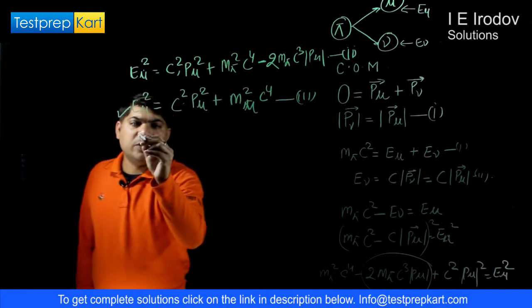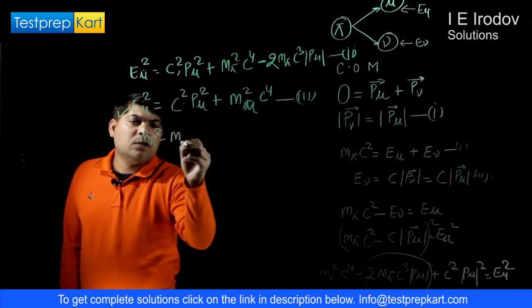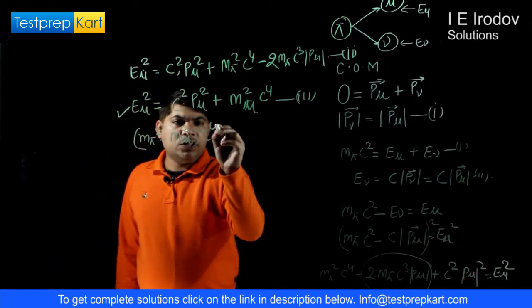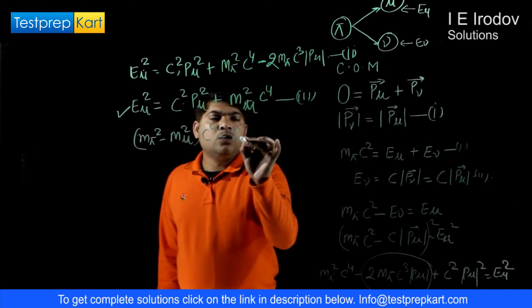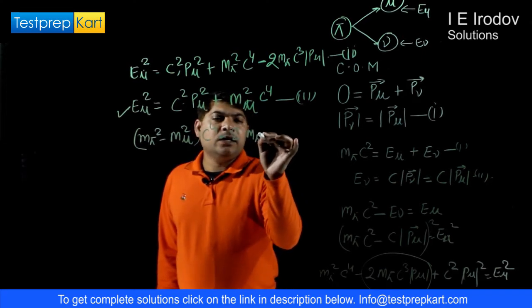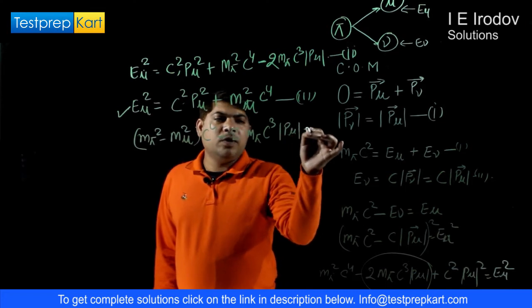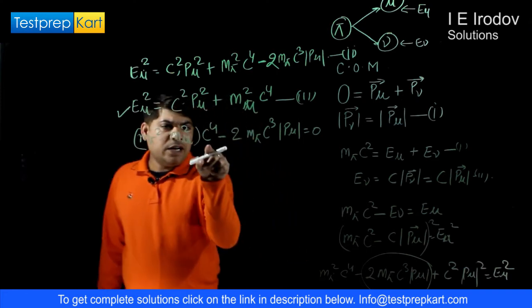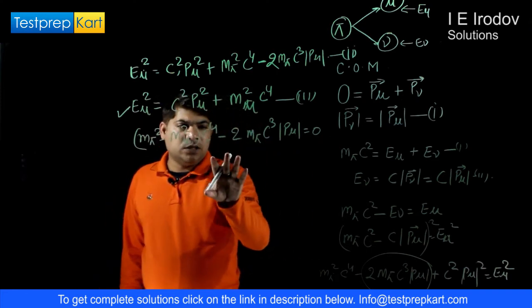From here we are going to get m pi square minus m mu square into c to power 4 minus 2 m pi into c cube into P mu is equal to 0. So it will eliminate c square from this entire equation.